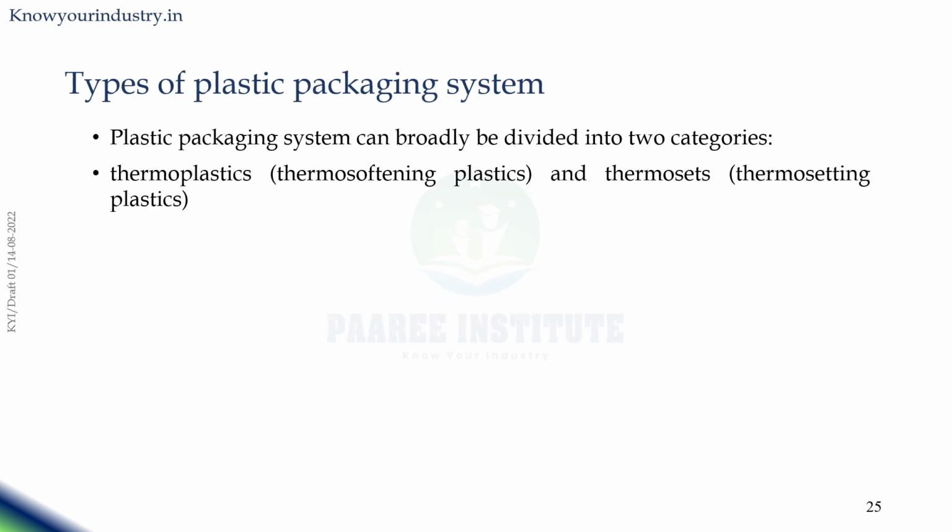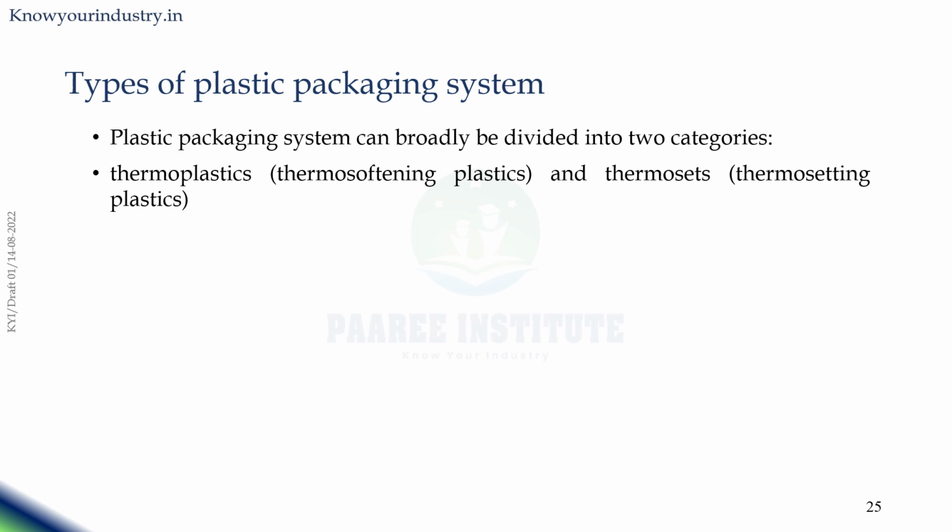The types of plastic packaging systems are divided into two categories: thermoplastics and thermosets. We all know thermoplastics are thermosoftening plastics, which can stretch based on thermal conditions, and these are mainly used for infusion bags and certain dermatological products.